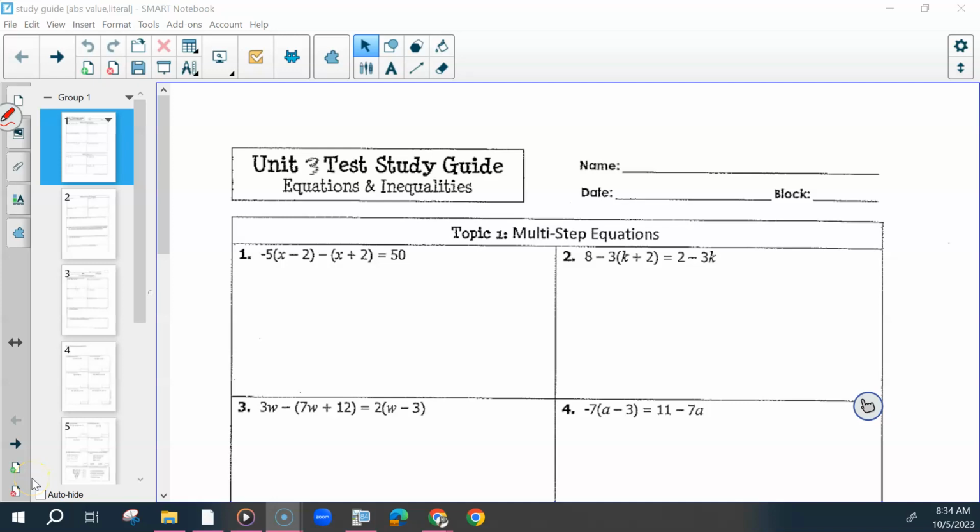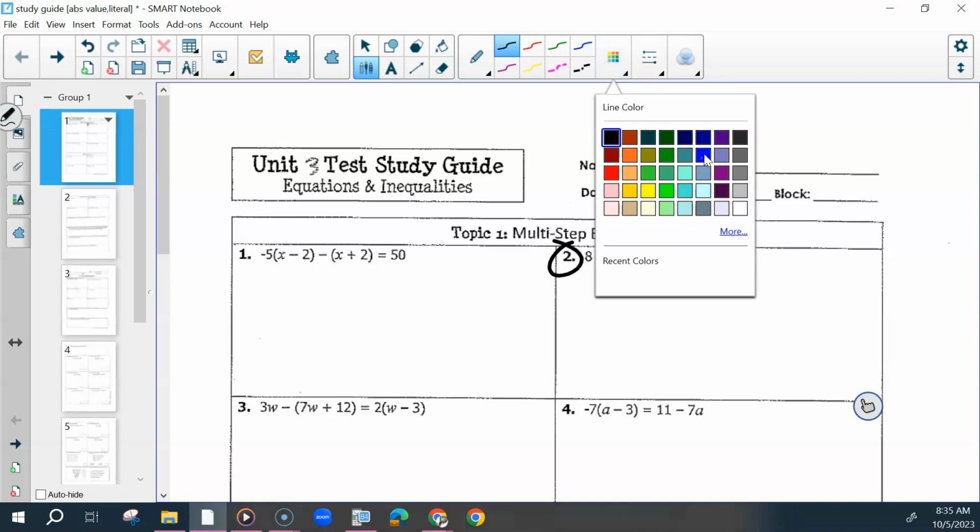So the first objective is your multi-step. Remember that's half no calculator, half calculator. All of the problems on the first page are multi-step. Are there any of those you want to see me go over? Have questions about?